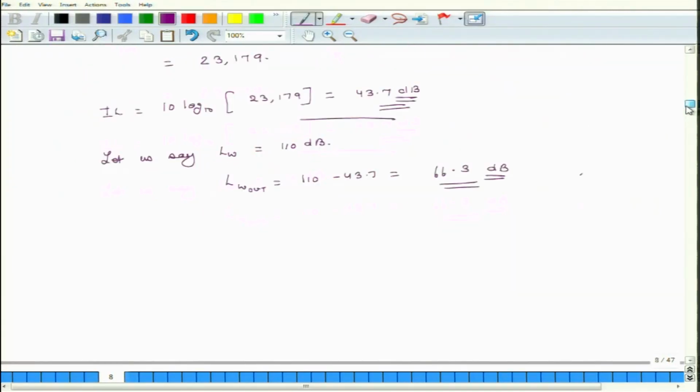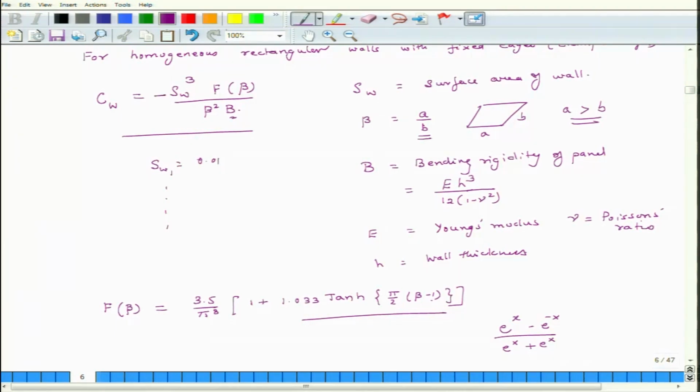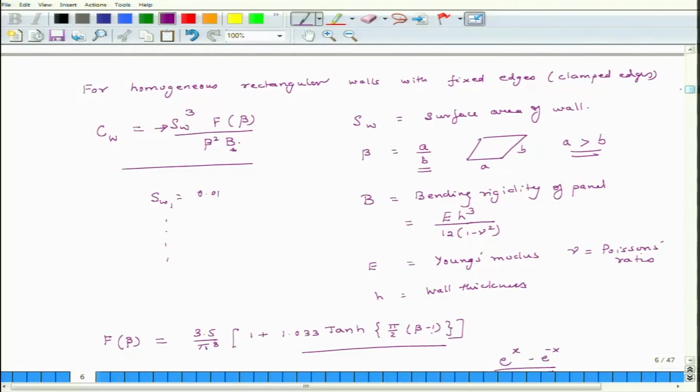In our case, compliance can be reduced either by reducing the surface area of each plate, or by increasing the material stiffness, or by increasing the bending stiffness B. The most effective way in this case is by playing with B, because you are already using steel, so what else material will you use?